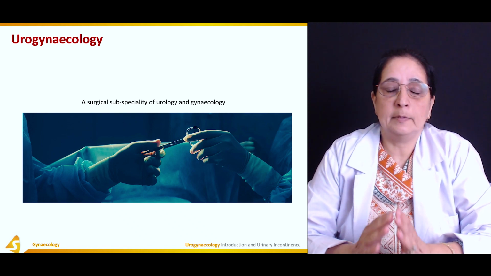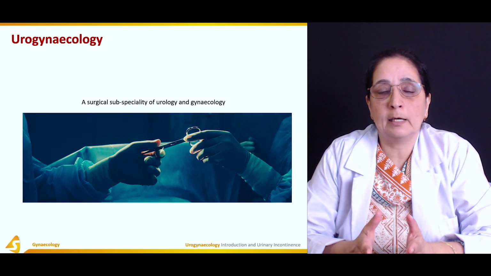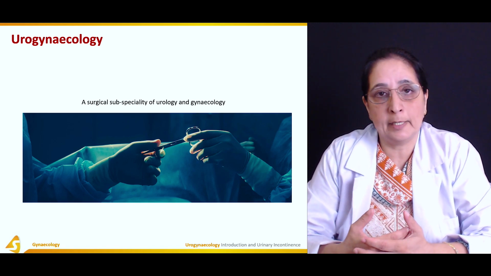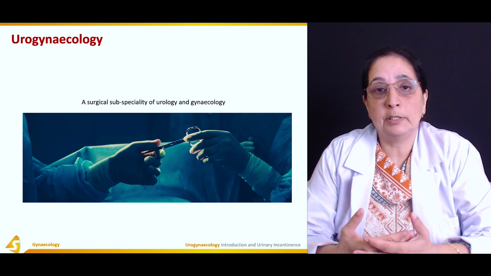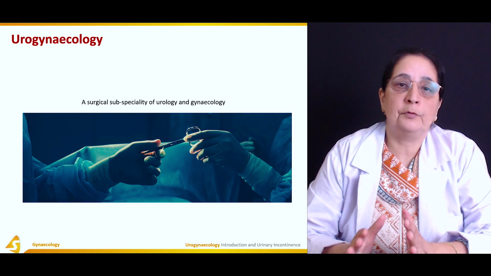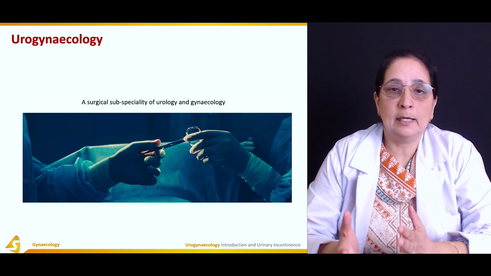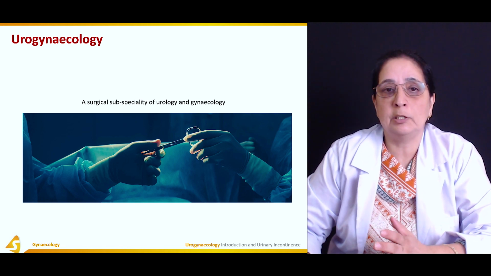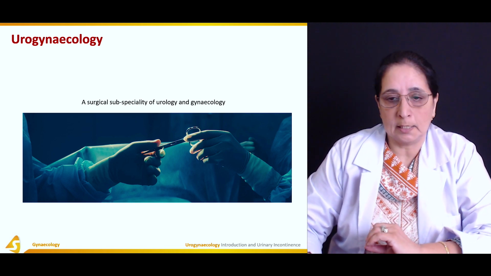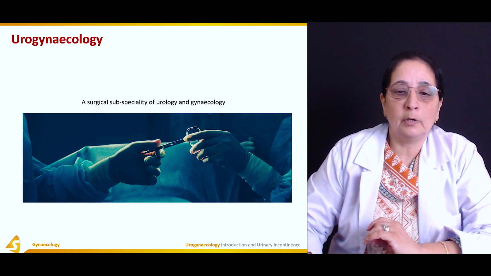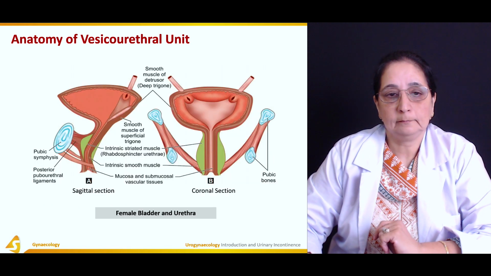Sometimes problems in the pelvic floor due to multiple pregnancies and normal vaginal deliveries can lead to relaxation of the pelvic floor, which can ultimately lead to problems in the urinary system and urinary incontinence. So they can be studied together as urogynecology.